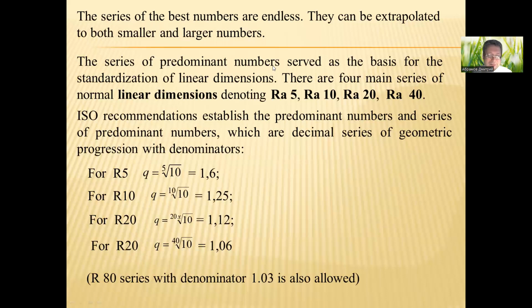For R20, q is equal to the 20th root of 10, which is 1.12. And for the last row, R40, q is equal to the 40th root of 10, which is 1.06. The R80 series with denominator 1.03 is also allowed.